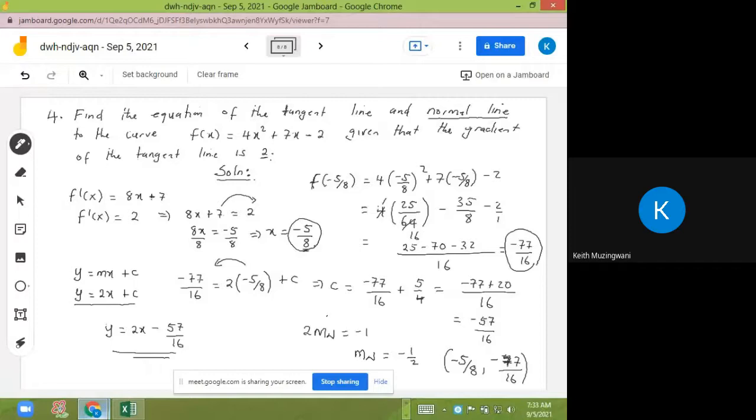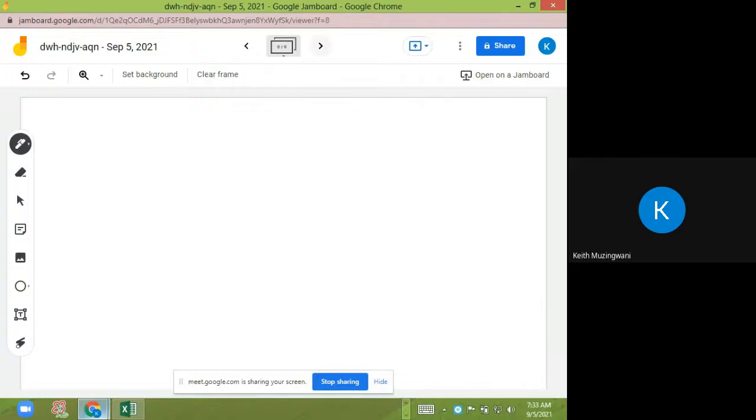So this one and this one will help us to find c, so that we find the normal equation. So y is equal to mx plus c. So what is y?